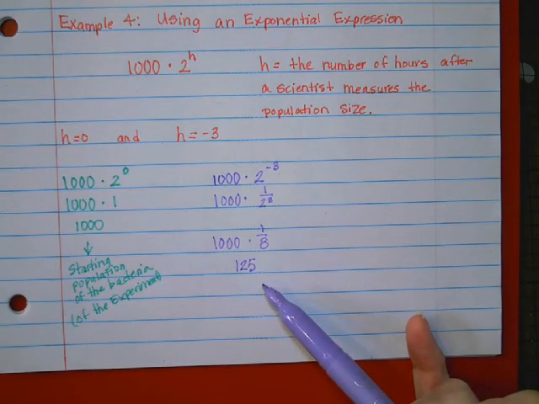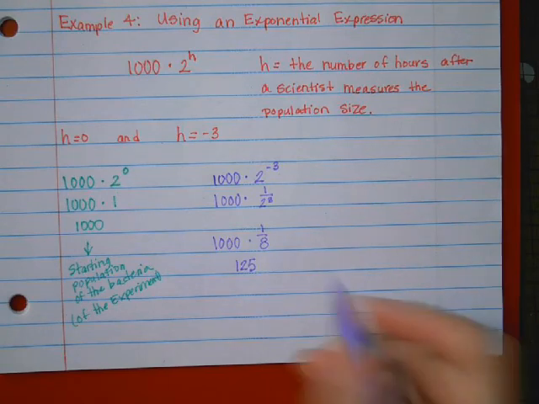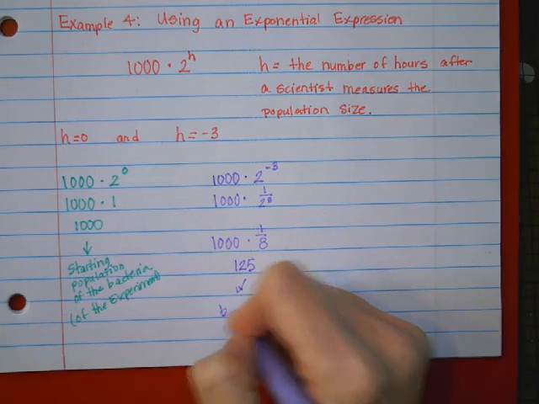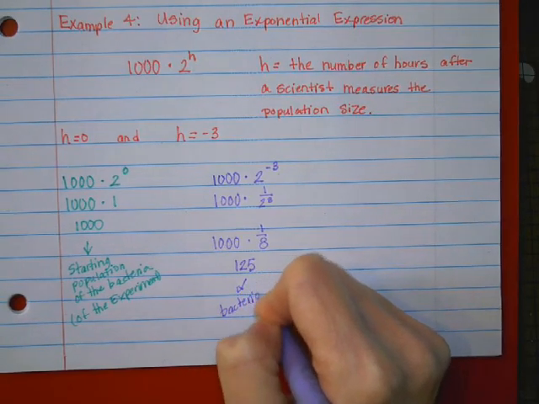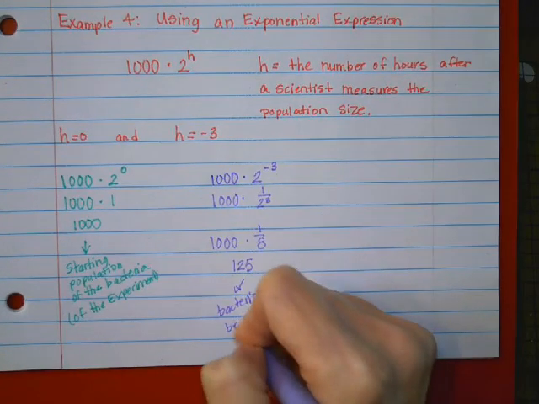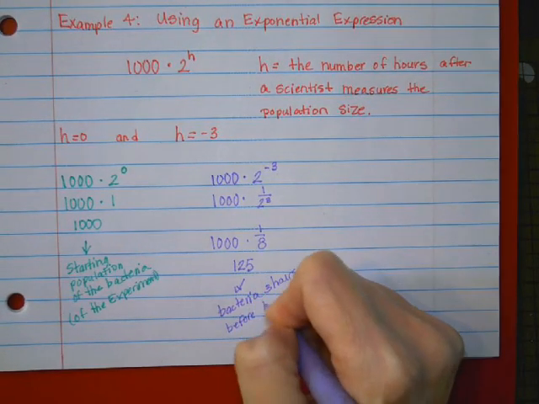There were 125 bacteria before the scientist took the measurement. So this represents the bacteria 3 hours before he measured.